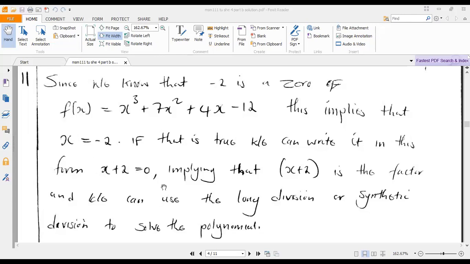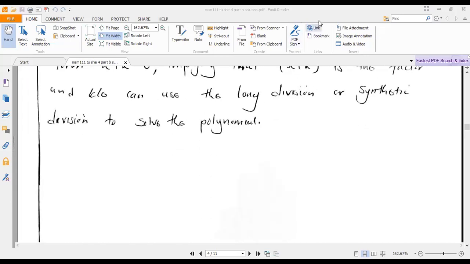So x plus 2, you can write it in this form, which is just in form of a factor, right? So you can use long division, you say x plus 2, you do that, let me show you, just a minute. So you have something like this.